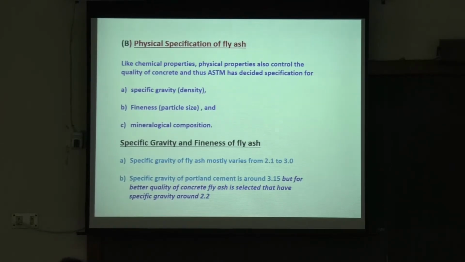The specific gravity of Portland cement is about 3.15. That means if you're using fly ash for the same volume, the weight or heaviness of the concrete will go down by a certain percent. Even if it goes down by 10% or 20%, it will be good.